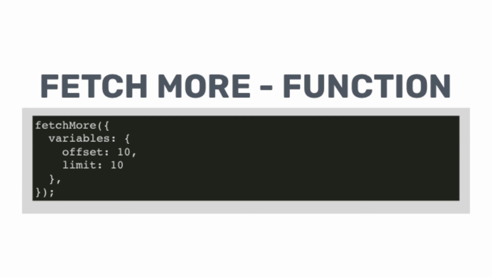So for example, this new offset, so that we now want the next 10 items from offset 10. We could also give the fetchMore function a new query where we define that from this query we need just these fields, we don't want all the fields from that initial query. So we could ask for just a couple of fields too.